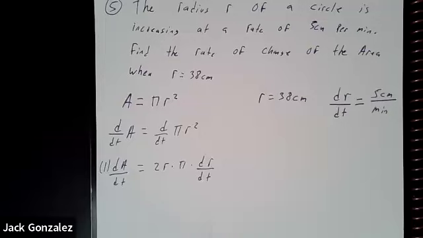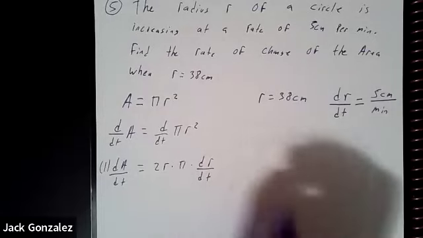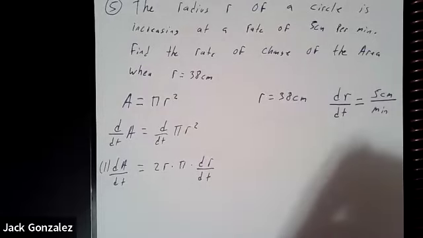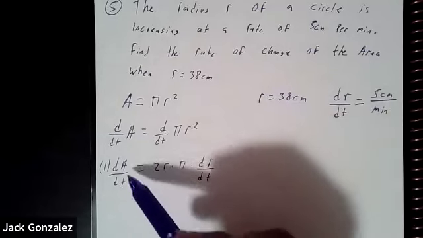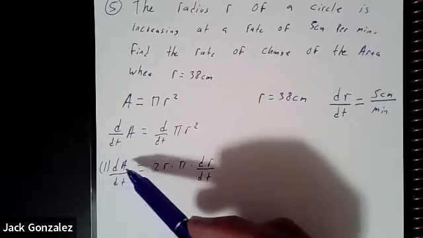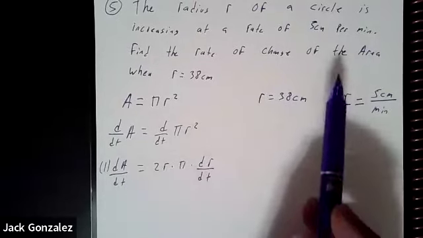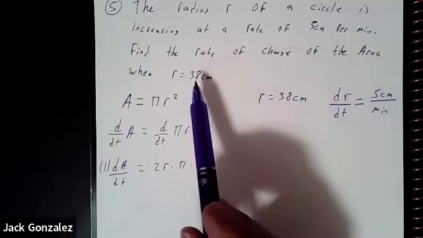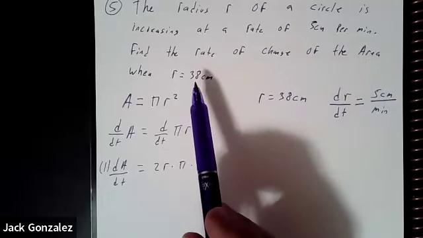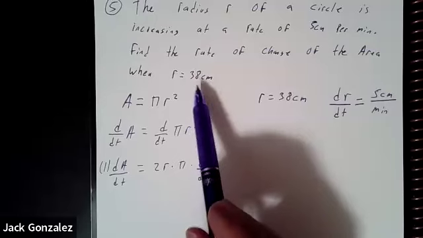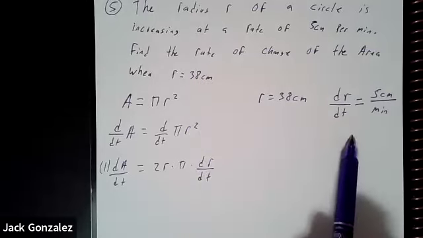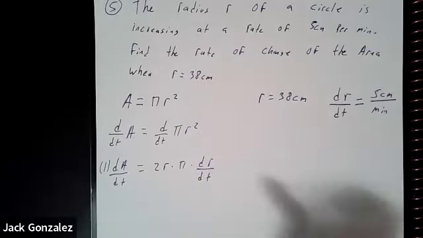All right. So they want to know the rate. Remember, dA dt is the rate of change of the area over time. What is the rate of change of area when the radius is 38 centimeters? Well, plug this in, and it will know.